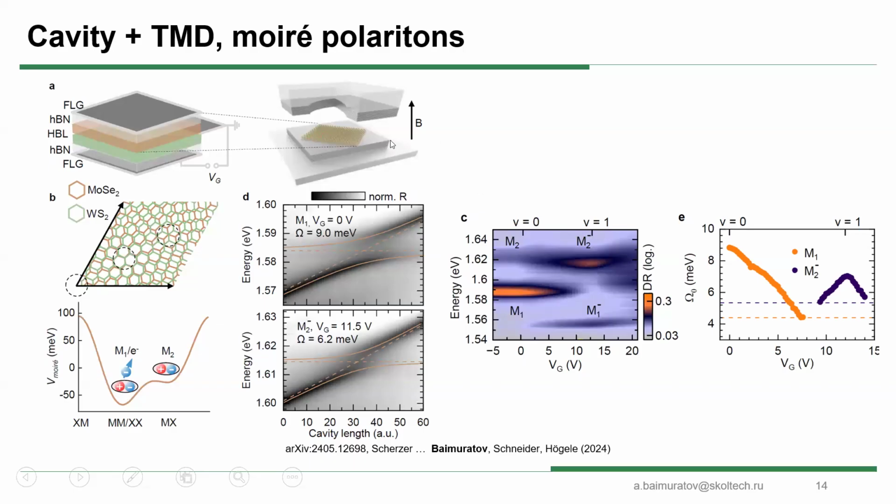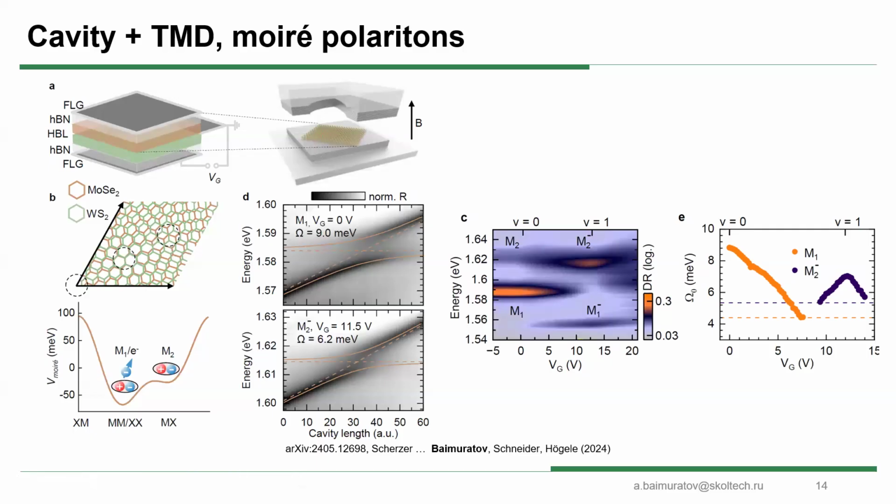Moreover, people from our group and from the Schneider group put this system into a cavity, and we also can apply a magnetic field. As I understood, it's not so simple, but I think only now in the Schneider group we have the possibility to put everything into a cavity and also measure with a magnetic field.